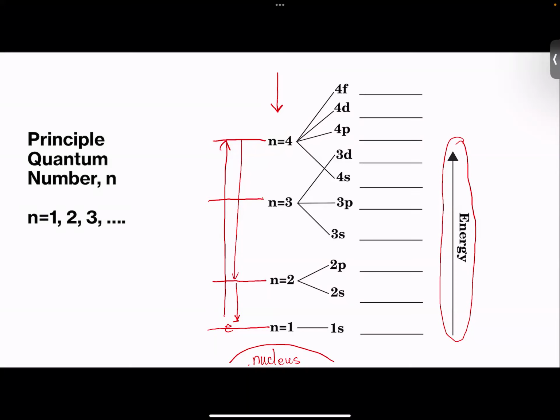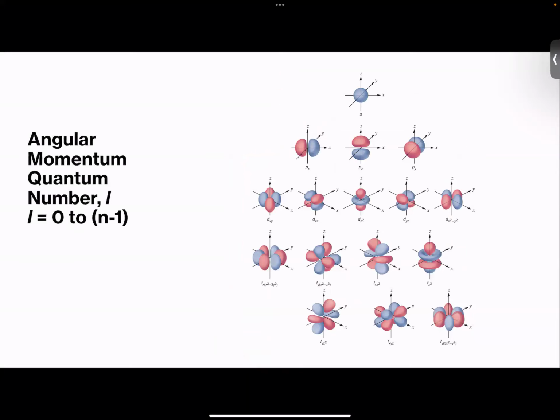Now, the angular momentum quantum number, L. L can be any value from 0 to n minus 1.